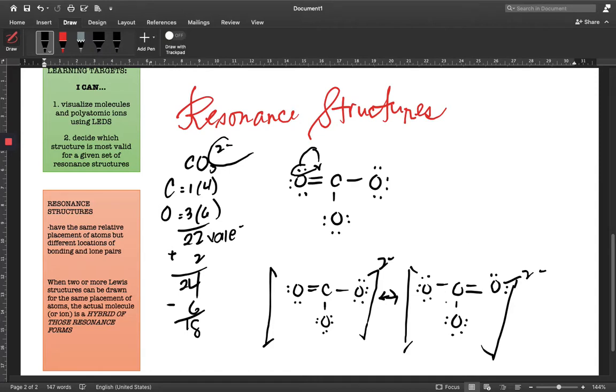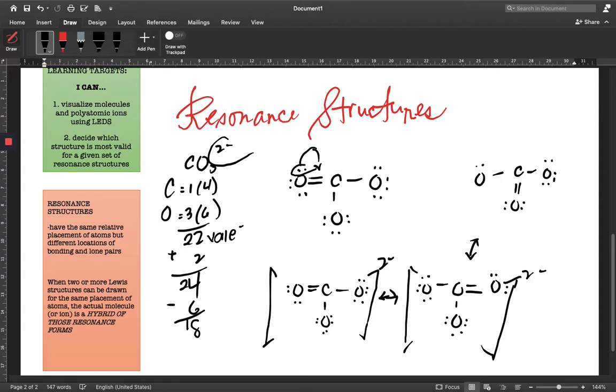And the third structure is one wherein the bottom oxygen shares its pair of valence electrons. So we see a double bond and then 2 less electrons for the bottom oxygen. And then O here, 1, 2, 3, 4, 5, 6.